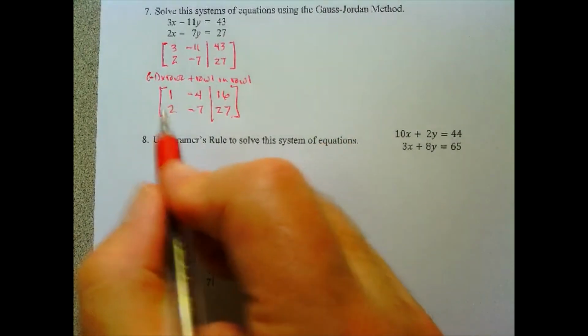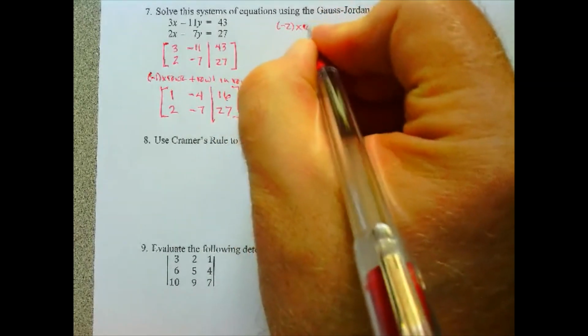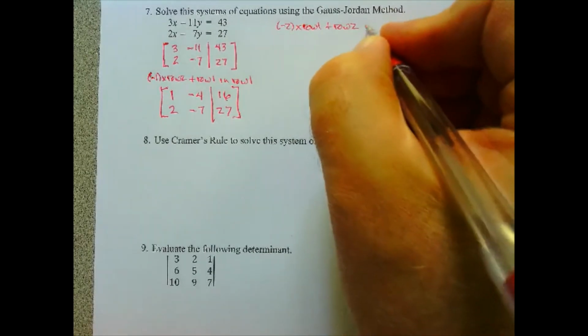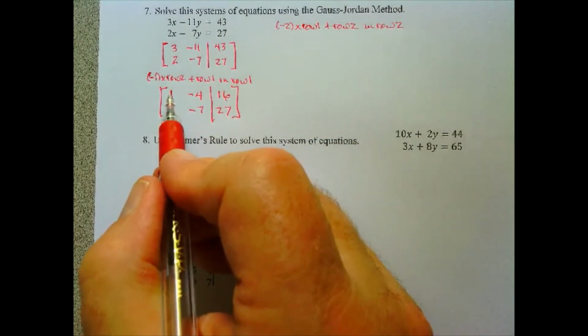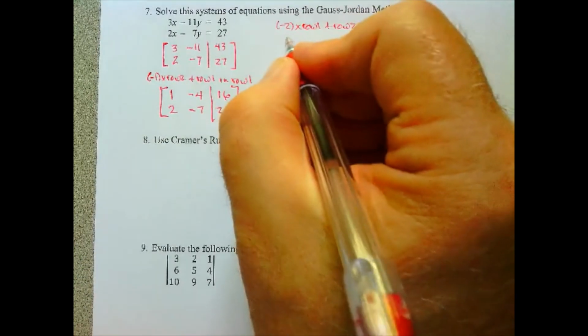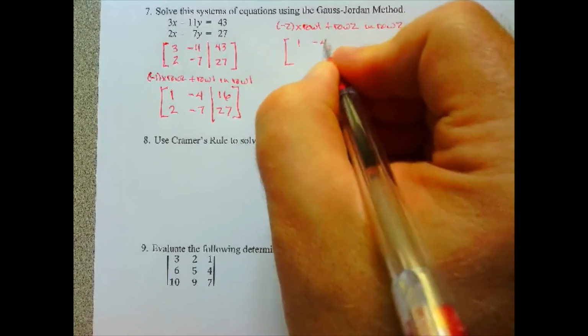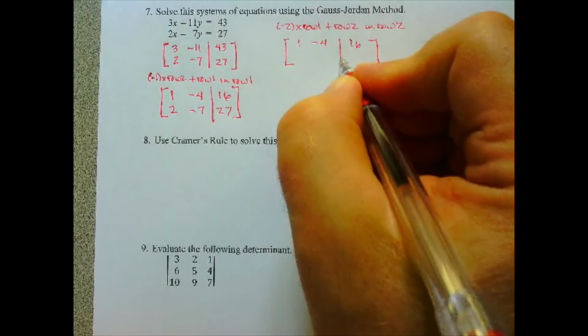Okay, I need a 0 here, so I'm going to do negative 2 times row 1 plus row 2 and put it in row 2. So 1 times negative 2 and 2 will give me that 0 that I was looking for. Now I'm not going to be changing row 1 in this case, so I can go ahead and write it down.